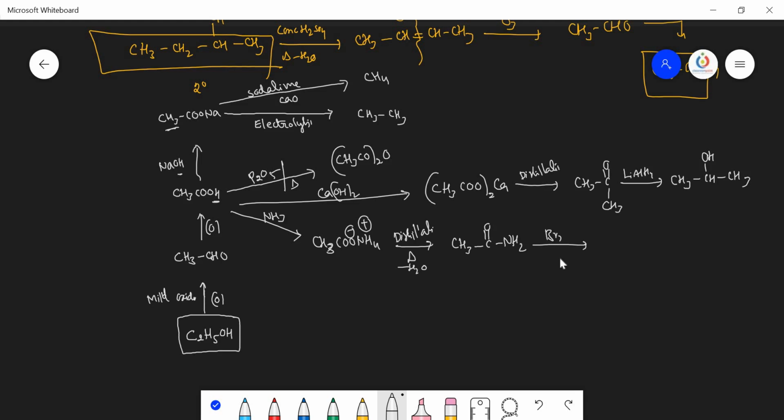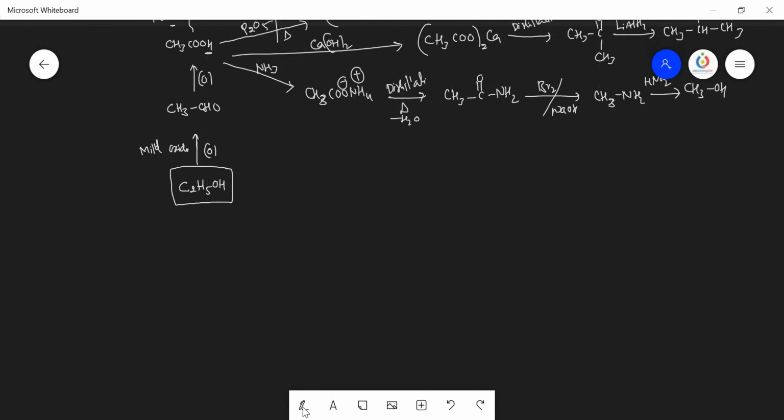Now as I said earlier, Br2 and NaOH, Hofmann bromamide degradation, gives CH3NH2. Why I am explaining all this is that it will be very helpful in conversions. Once you see this chart, it will come to your mind. Use HNO2, so it becomes CH3OH, methyl alcohol.